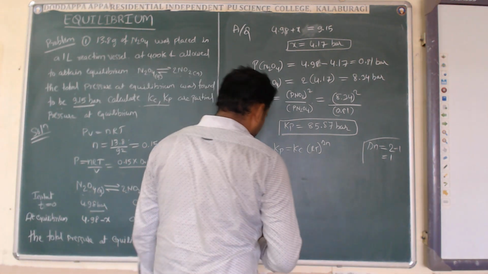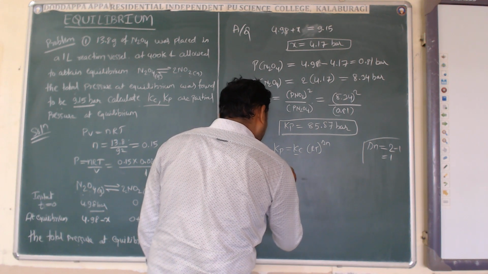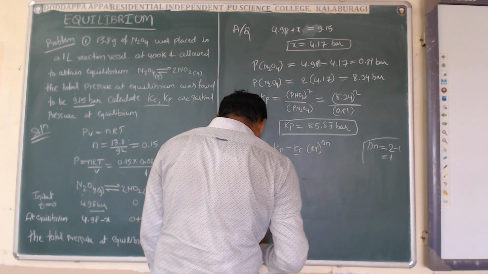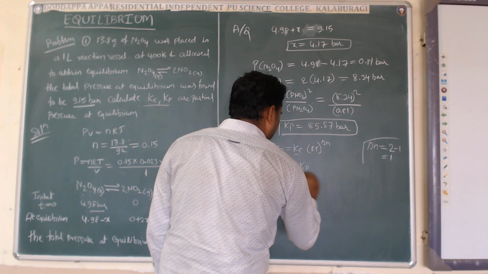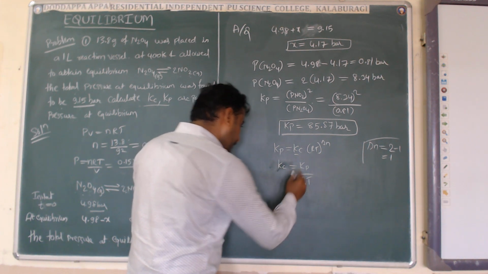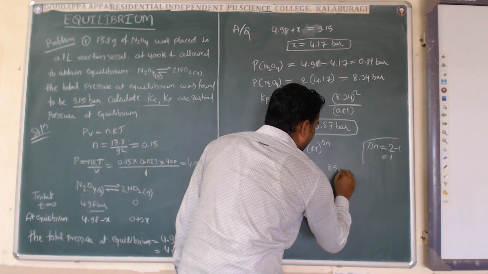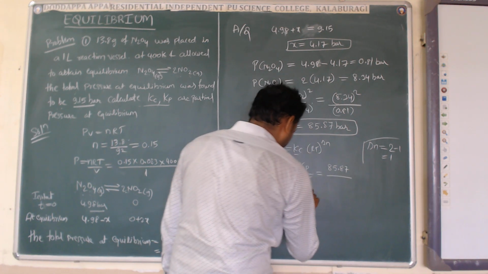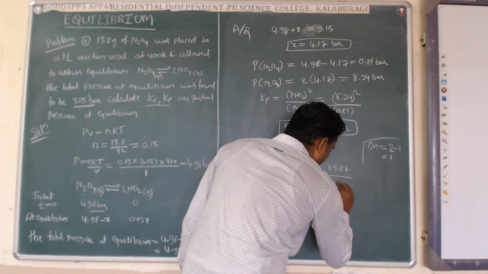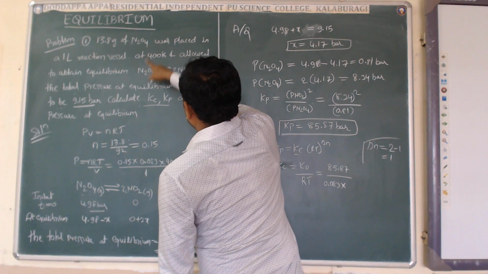Next, we have to find Kc. Kc is equal to Kp divided by RT. The Kp value is 85.87, divided by the R value, 0.083, into temperature, which is given as 400 Kelvin.